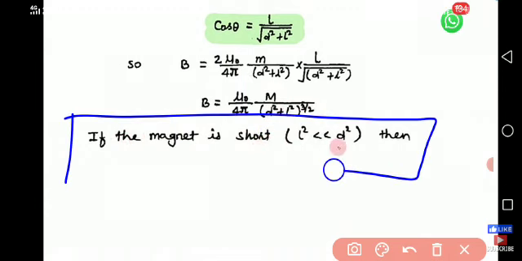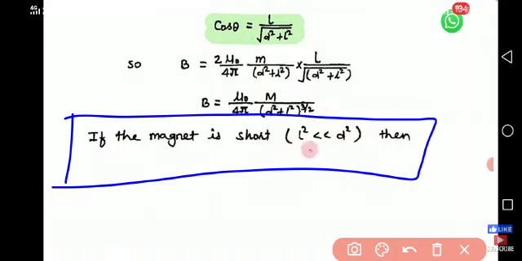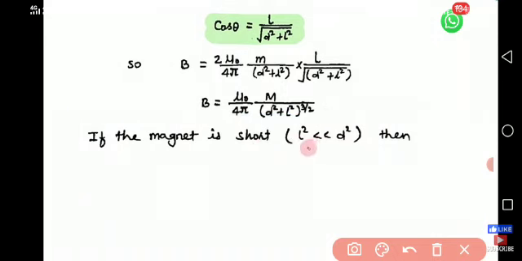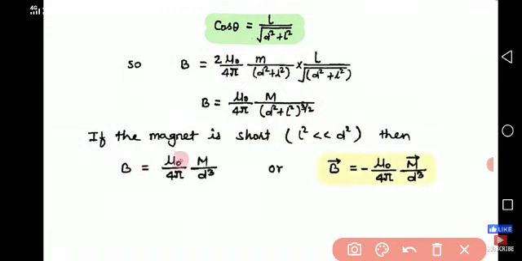Special case also we can discuss, that if the magnet is short, then what will happen? If magnet is short, then L square is less than d square, means L square we can neglect, means L square will get deleted from here. Then B will be equal to mu naught upon 4 pi M upon d cube, or simply we can say that B is equal to mu naught upon 4 pi M upon d cube.